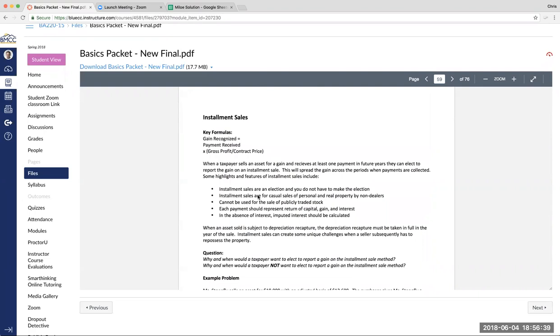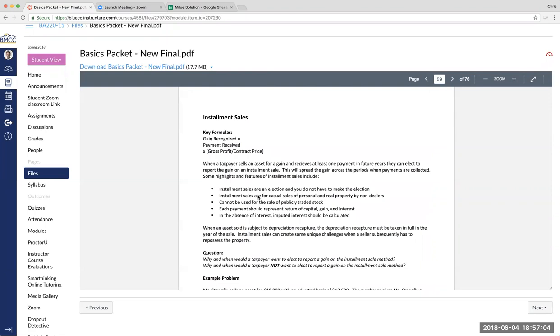But instead of accepting that $10,000 all up front, I'm going to accept it as $1,000 a year for 10 years. What's going to happen in that situation is each year when I get that $1,000, $600 of it is going to be a return of my basis, which is going to be tax-free. But the $400 is going to represent the capital gain.